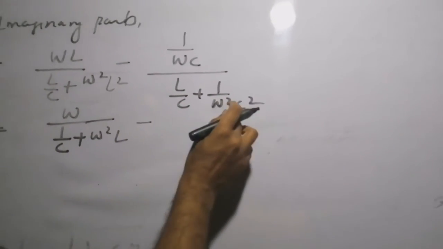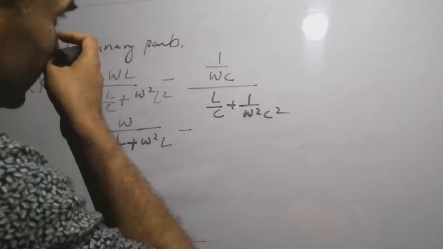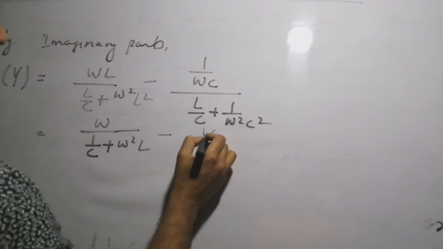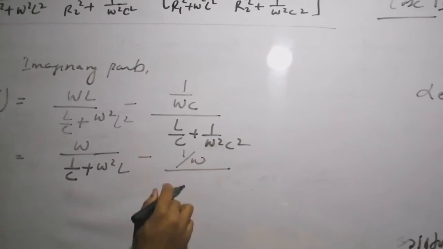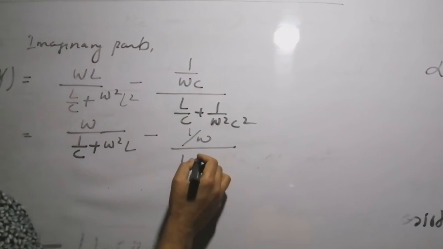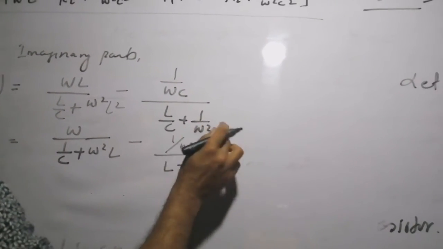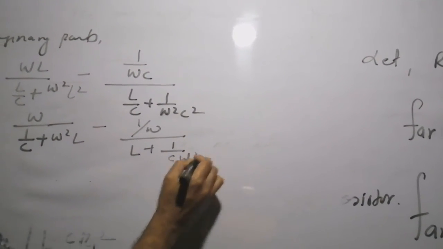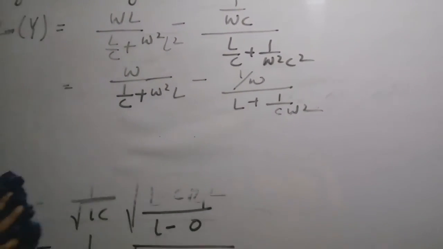Is anything common? Yeah, I can cut also taking the C common here. Okay, and so I get this 1 by omega, and this becomes L plus 1 by C omega square, since 1 C has already gone. Let me further simplify this.